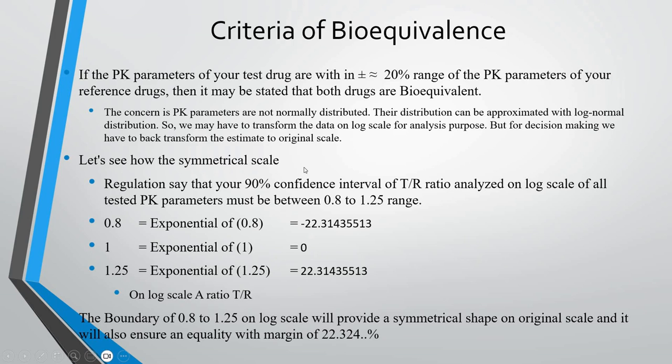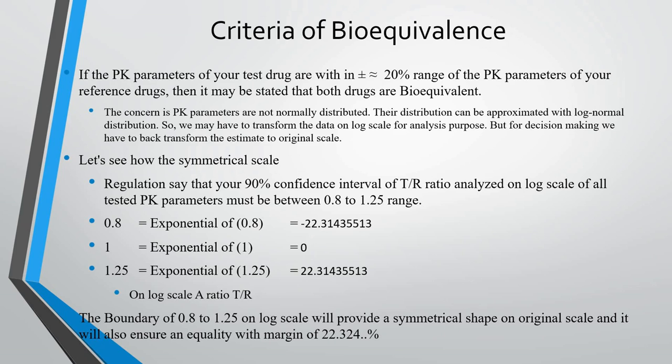So two things. Once you want to know the difference between two drugs, on a linear scale it's a difference, a minus b equal to 0, and then you say a and b are equal. But on a log scale, it's the ratio. So a by b equal to 1, basically.